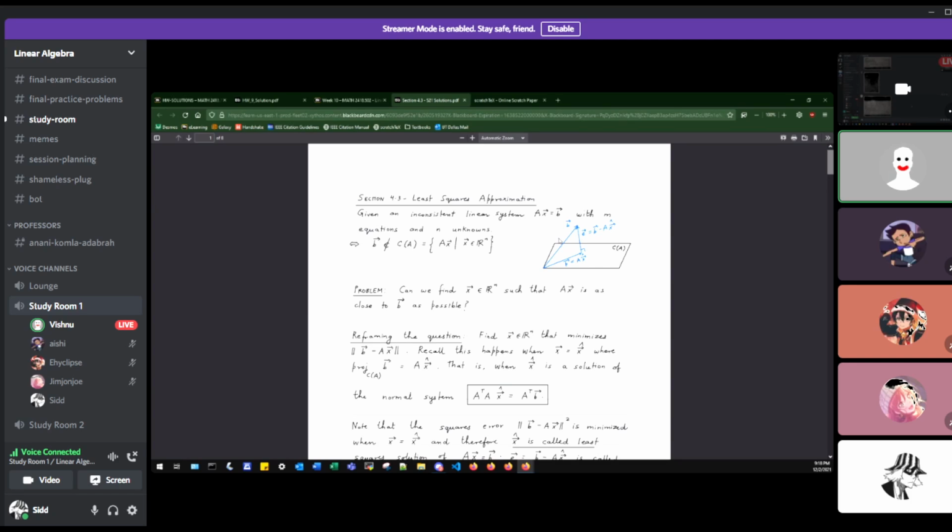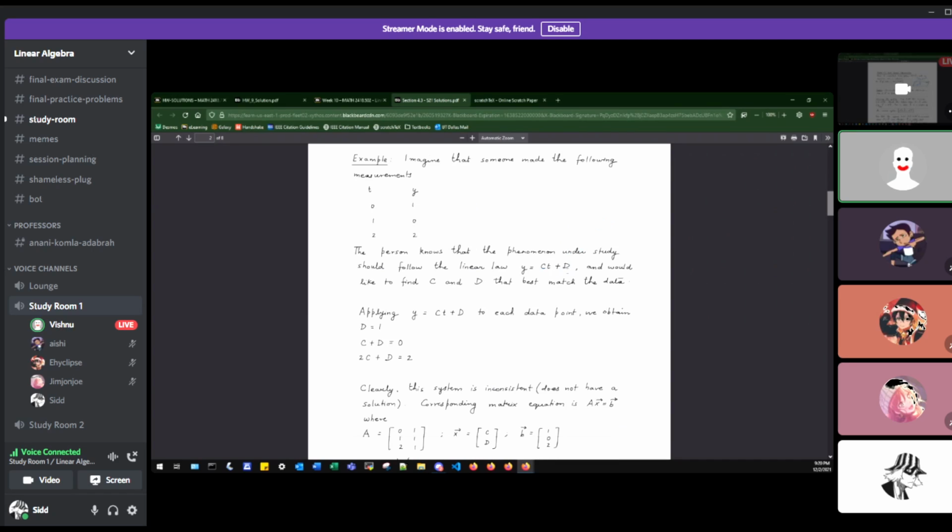So the model you use is y equals ct plus d. I don't know why they use t, but I guess that's just the convention. And then you set c and d as your unknowns, so your unknown vector x would contain c and d.